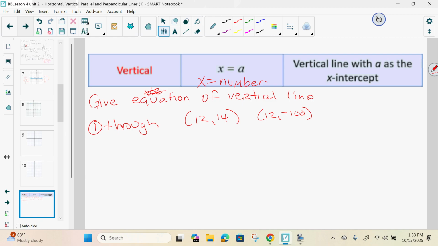Again, I'm not going to make a graph of negative 100, but I can sketch it. 12, 14, 12, negative 100. Papa, what axes does it go through? Goes through the x-axis. So that's how you're going to remember. X equals whatever the x is. X equals 12.